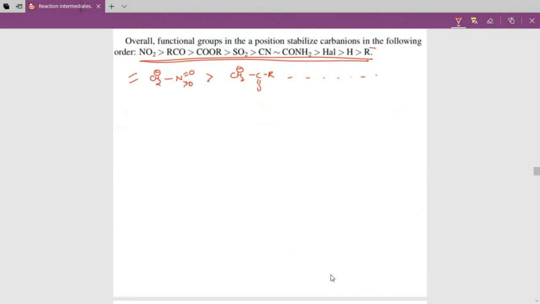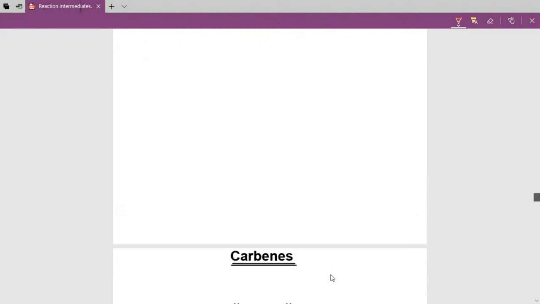See, these R and H, they will not give any resonance or any minus I. Till halide, I'll have either the empty d orbital resonance or I'll have a minus I. But in H, no minus I, no plus I, no minus R, no plus R. R, that is alkyls, there is no resonance. But yes, there will be a destabilizing phenomenon called plus I. So all these are destabilizing in the last two. So they are last in the series of stability of carbanions.